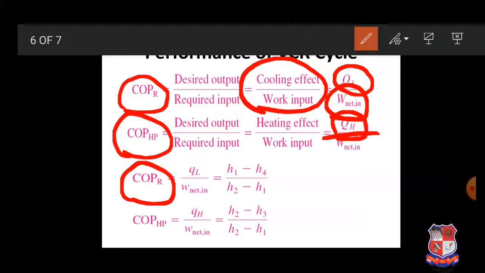So maximum enthalpy H1 minus H4 will be considered. In a similar way, the net work done is the work supplied to the compressor. So how will the compressor work be considered? It will be considered by the enthalpy difference, maximum enthalpy minus minimum enthalpy, H2 minus H1.